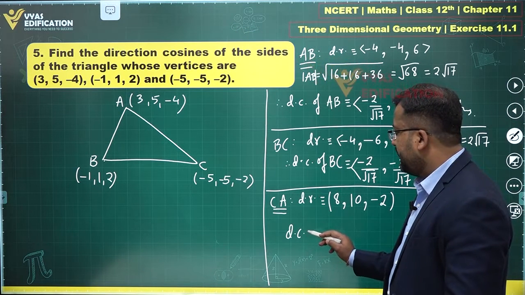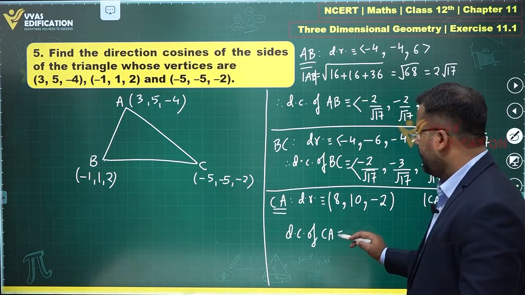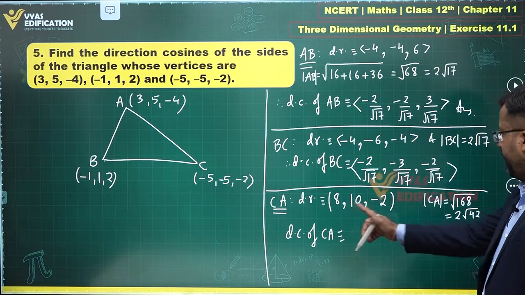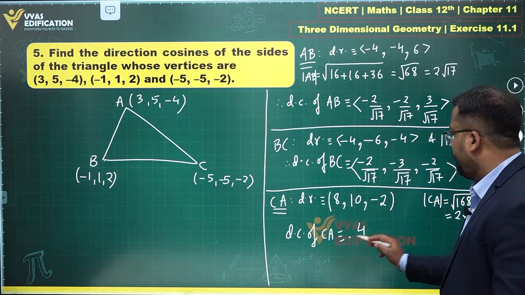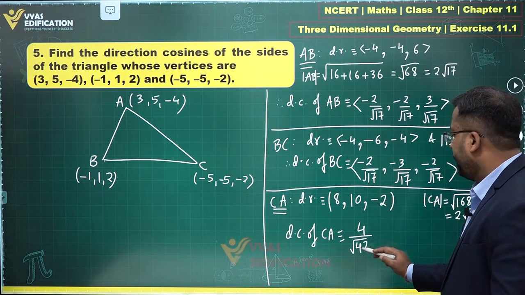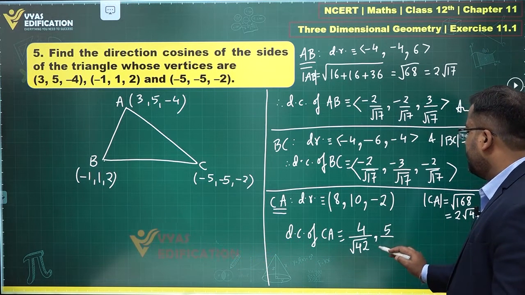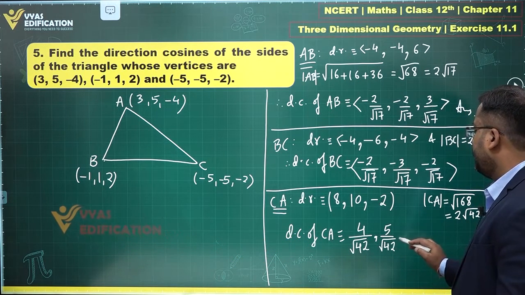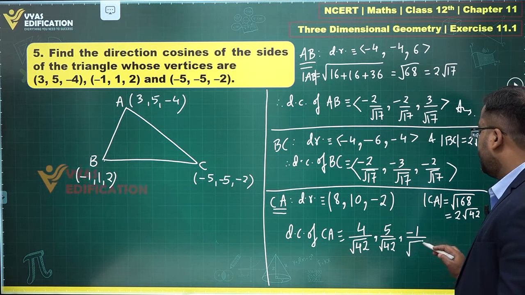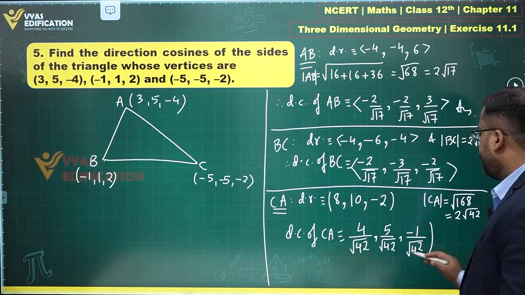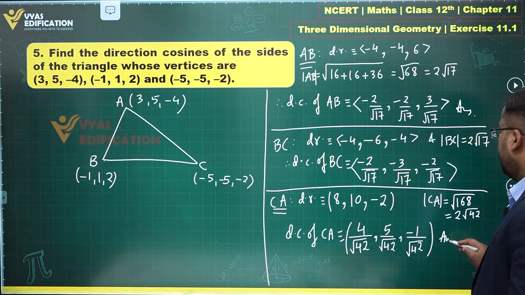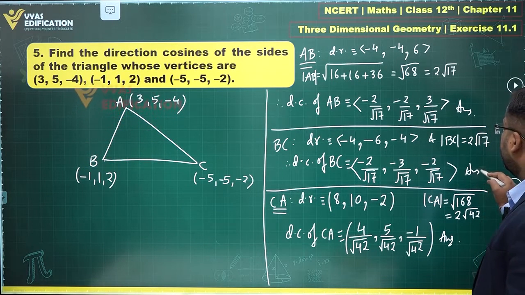Therefore, direction cosines of CA will be what? 8 upon this, which is 4 upon square root of 42, comma 5 upon square root of 42, comma minus 1 upon square root of 42. That's the answer.